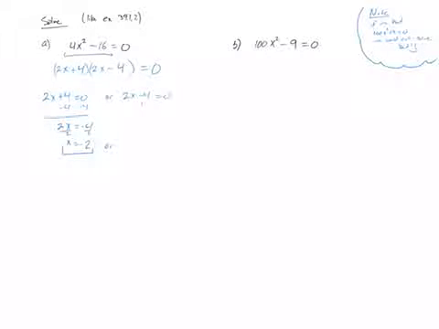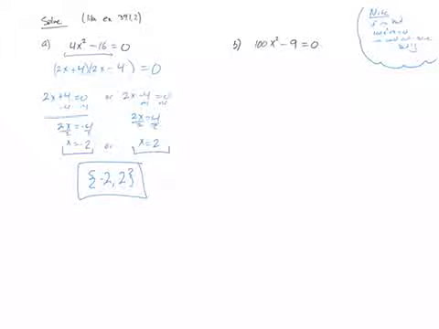Or, if I add 4, 2x is equal to 4, divide by 2, x is equal to 2. So my answer is going to be negative 2 and 2. Okay. There's another way to do that, and if you figure that out a different way, great. If not, that's okay. So let's do this next one here.